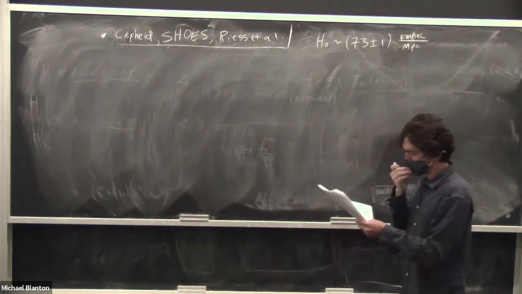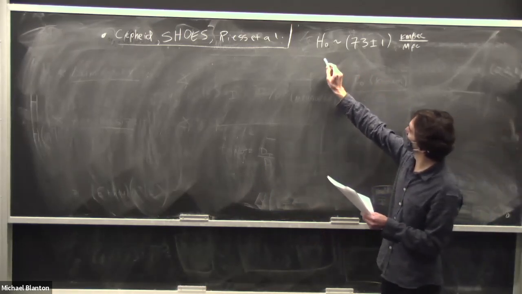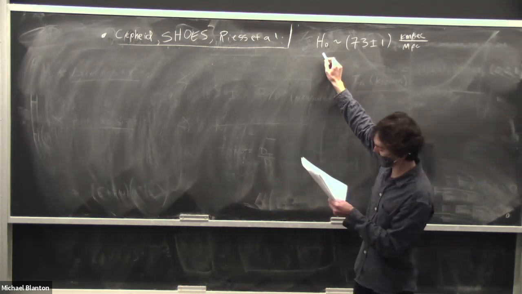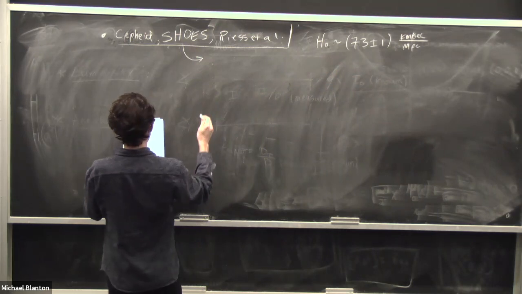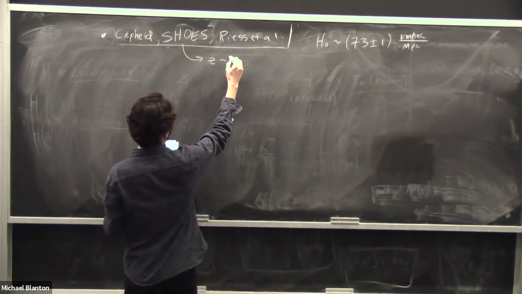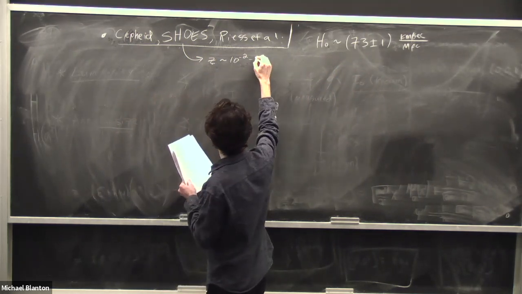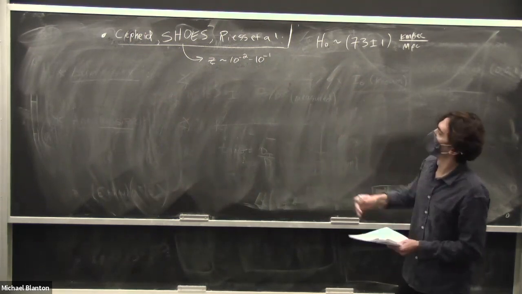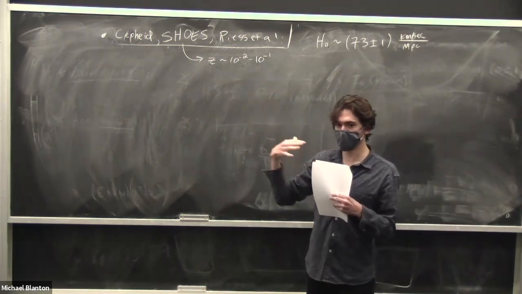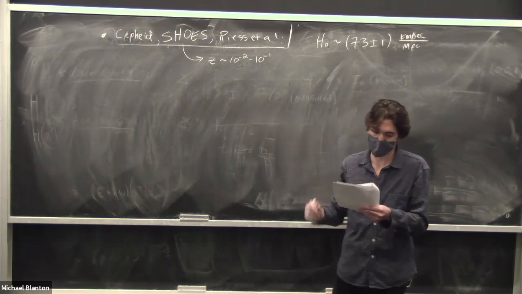I'm assuming that most of you probably already know this, but just to remind you, these groups are using objects in a limited redshift range, roughly 10⁻² to 10⁻¹. If you go to things that are too close, the peculiar velocity of these systems is larger, typically on the order of a few 10⁻³.